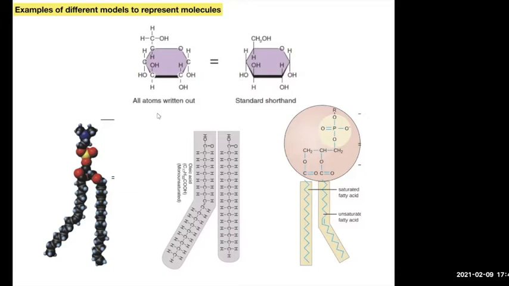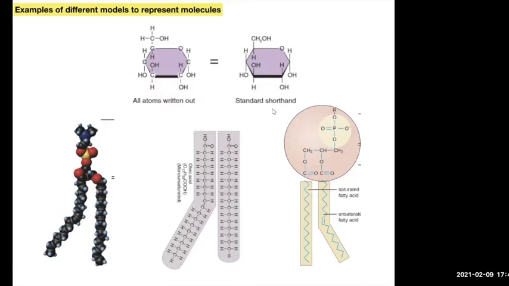You can display these as the bubble space-filling model, or as little carbon chains with the little hydrogens. You could leave out those carbon C's, but that's what this crooked line means: every one of these bends is a carbon. And we always assume, unless there's something attached to it like this, that there are hydrogens on them.